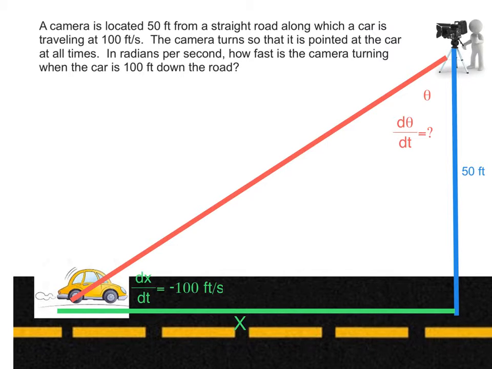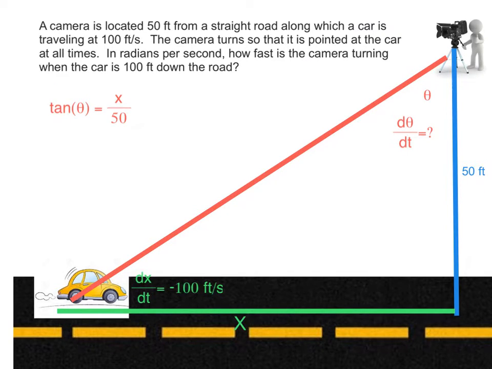Here's theta, and from that we can see this is the side opposite theta, and this is the side adjacent to theta. That reminds us of tangent. The tangent of theta should be equal to x over 50. And I can plug the 50 in because the 50 is not changing, so it's a constant.